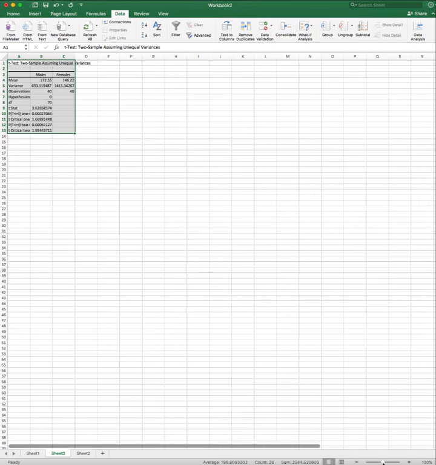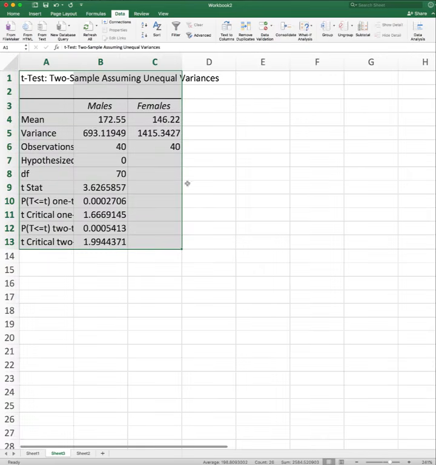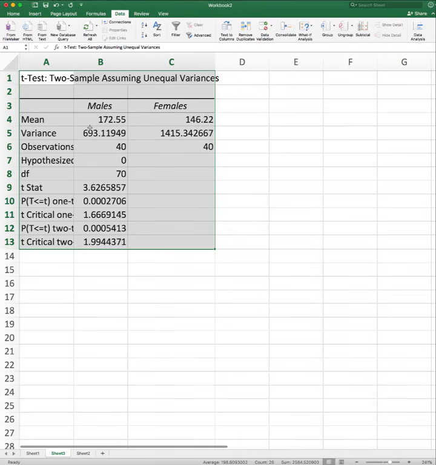This output comes up on a new sheet, and there's several pieces of information. First off, we have some information about the males and the females, including their average, their variance, and how many observations of each gender there is. And it's important to note the number of observations for each group do not need to be identical.